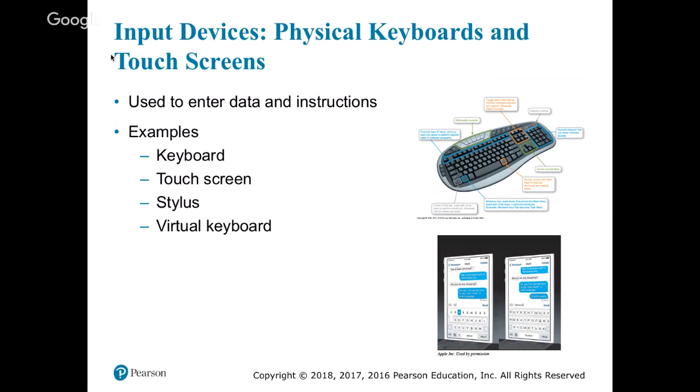And then a virtual keyboard that pops up, like that one on the bottom right here, that you can enter your data with as well. So input devices, again: physical keyboards, touchscreens, stylus, and virtual keyboard. I would say, and it's not on the screen, another one would be voice to text as well, where a lot of places use that now.